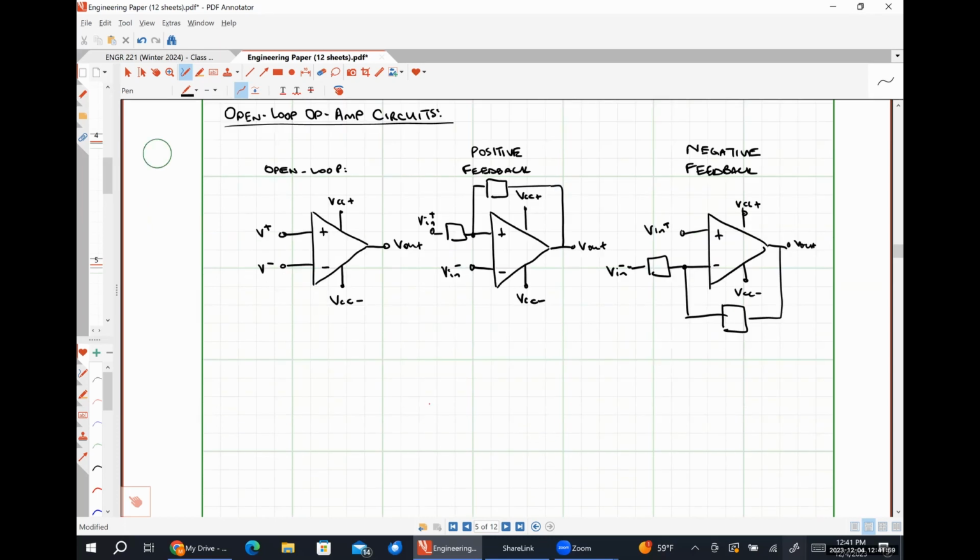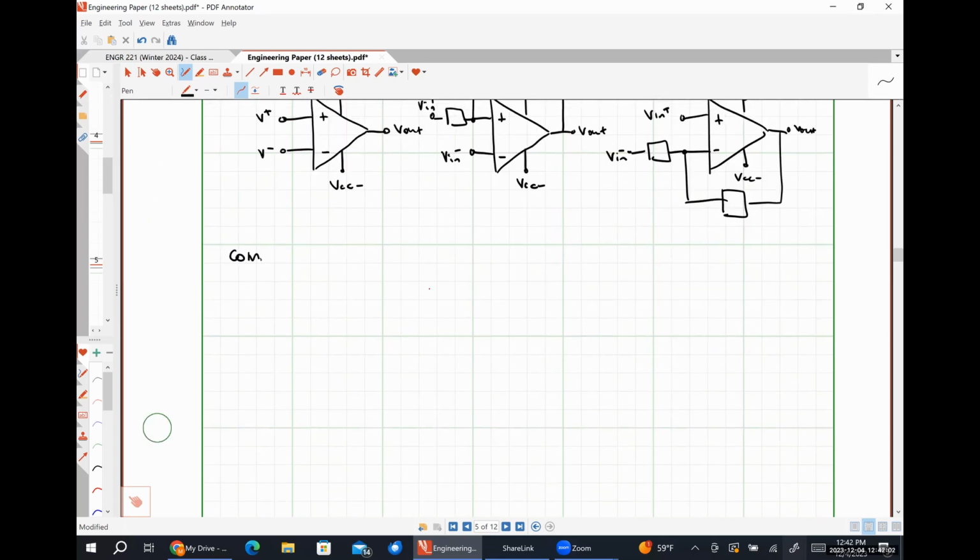So comparators are op-amp circuits used to compare the strength of voltage signals against a particular voltage reference.